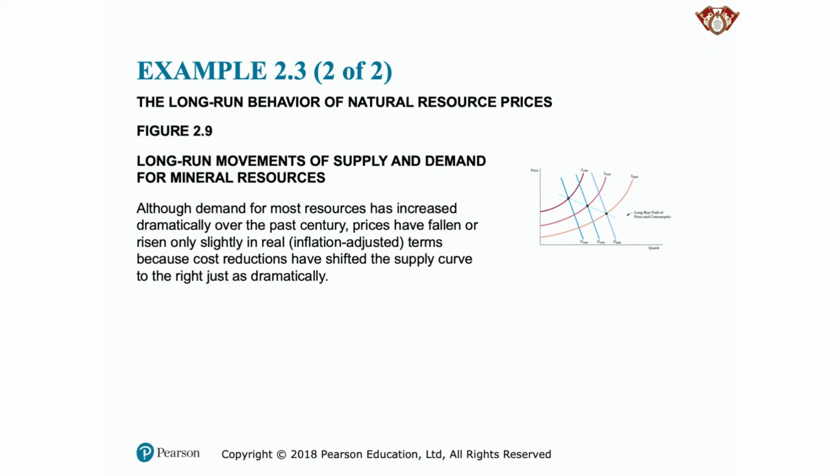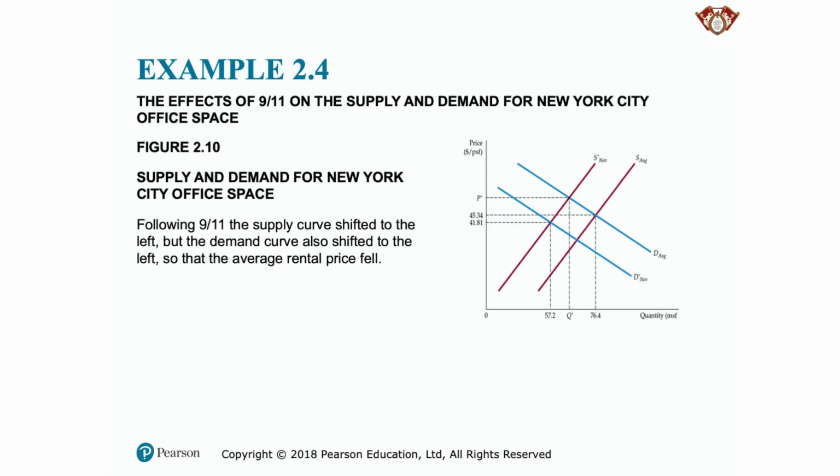Instead, prices have fallen or risen only slightly in real terms. Why? Because cost reduction in mining, for example, leads to a shift in the supply curve to the right, right? Because of this, price decreases instead of increases in this mineral resources case.